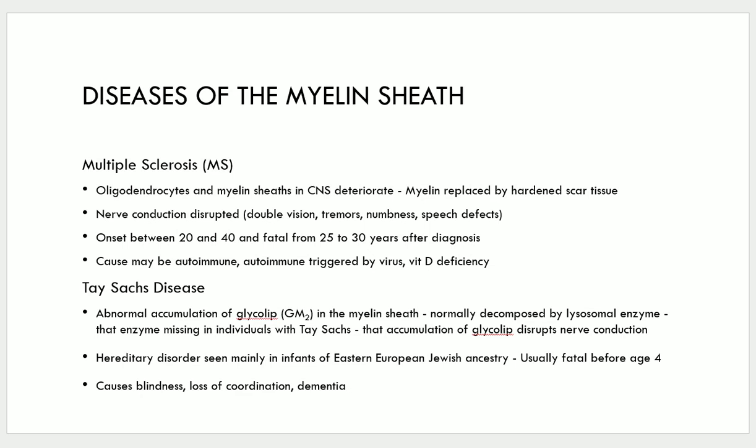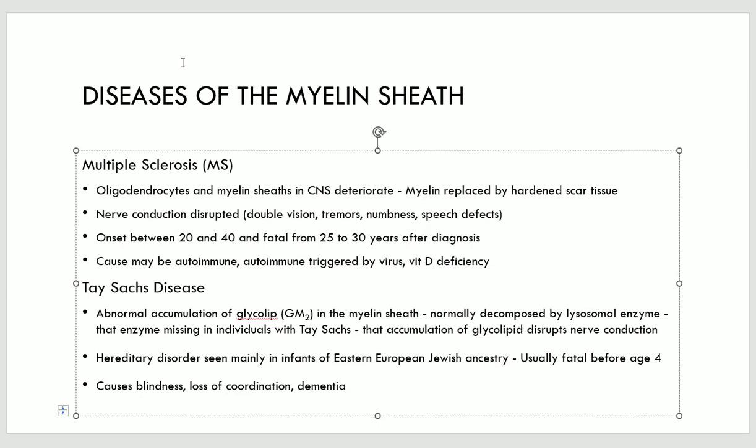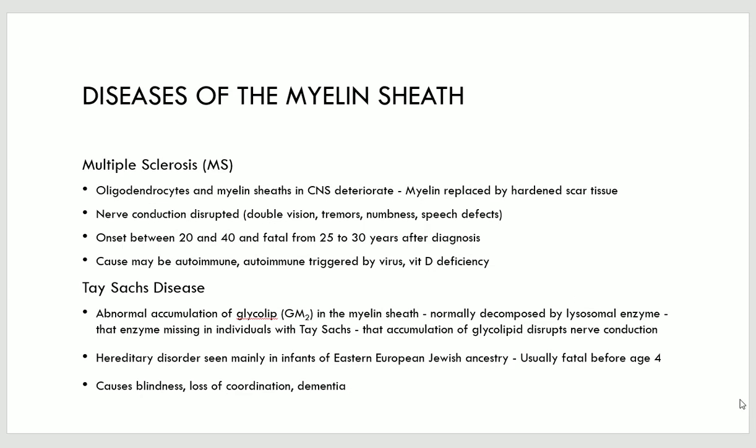Well, in individuals with Tay-Sachs, that enzyme is missing, and that accumulation of that glycolipid disrupts nerve conduction. So too much. Unfortunately, this one is usually fatal before age 4, can cause blindness, loss of coordination, dementia.